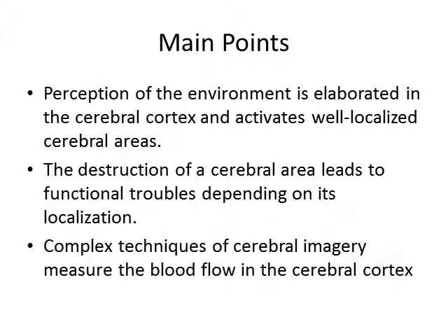The visual area is specific to seeing objects. The auditory area is specific for receiving sounds. So if the auditory area was damaged, the person would have trouble hearing. Complex techniques of cerebral imagery, like the scintigraphy and the MRI, measure the blood flow in the cerebral cortex.